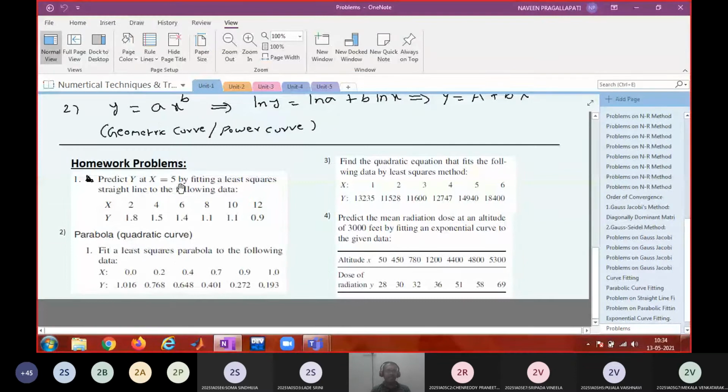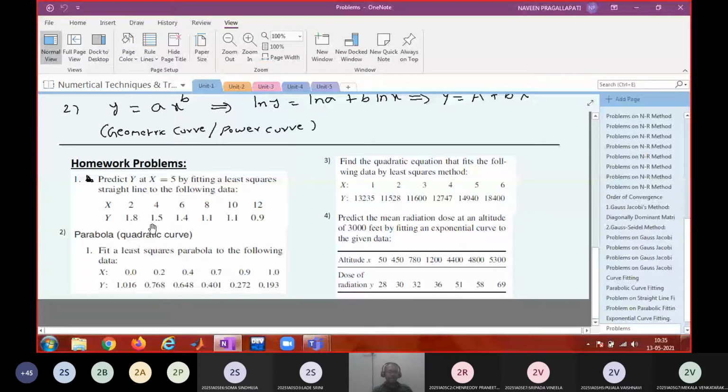Predict y at x equal to 5 by fitting a least square straight line to the following data. Note down this data. So after finding the straight line fit, you are asked to predict the y value at x equal to 5. 5 is in between 4 and 6.